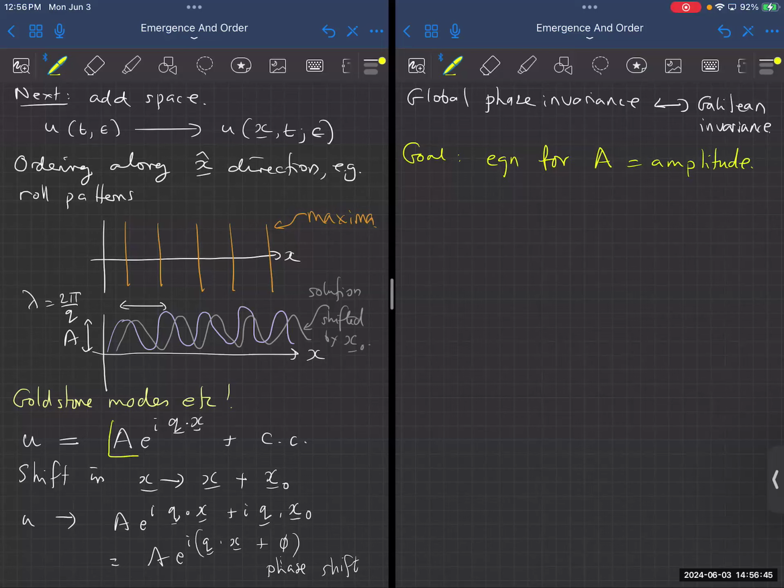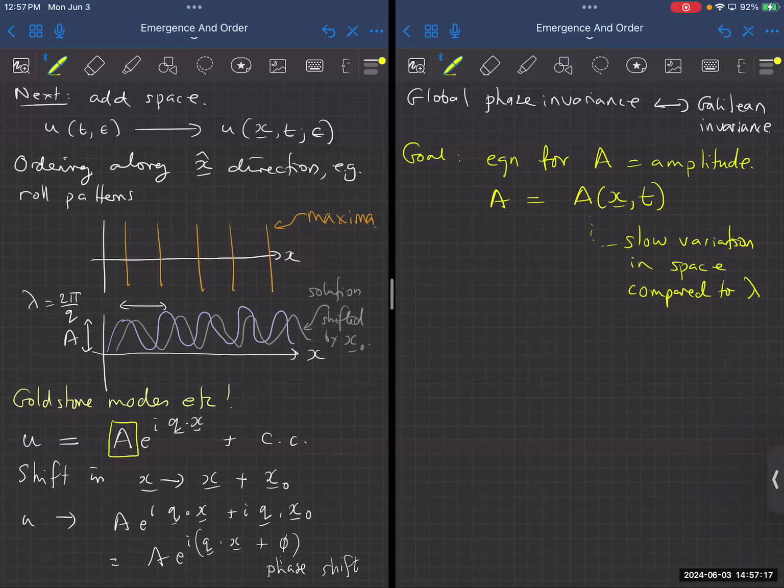So we've got here some amplitude A. We've pretended right now that it's just a constant, but actually what we expect is that A is itself some function of x and t, with a very slow variation in space compared to lambda.